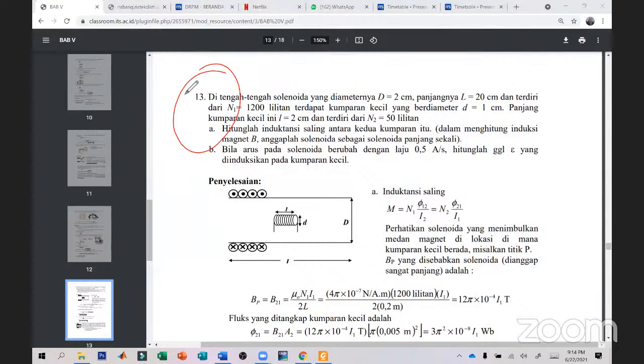Jadi di luar ada solenoid panjang, there's a long solenoid here, and then in the middle of the axis there's a small coil. There is a small coil inside the long solenoid. Kasusnya seperti itu. Yang keluar.